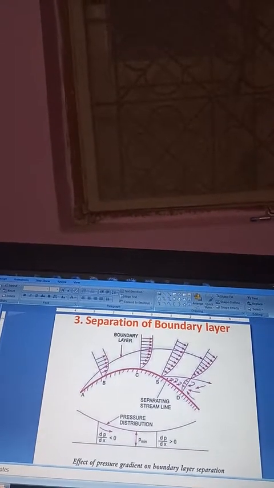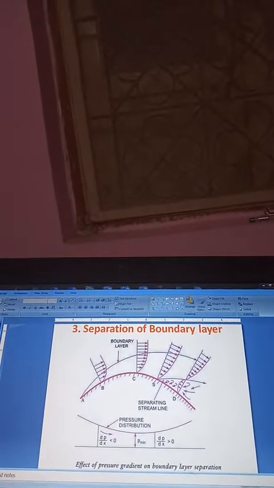So what will be the conditions? For that, we are going to consider one surface, and over that surface we are going to study the boundary layer. So let us see whether this boundary layer is continuously remaining along with that surface, or there is some point where this boundary layer is detaching from the surface, or it is cut from the surface and it will not be in contact with the surface at all.